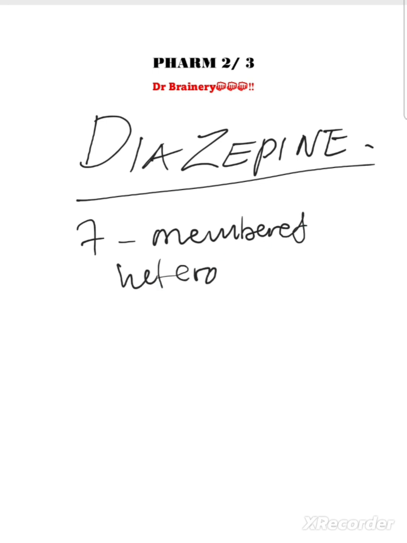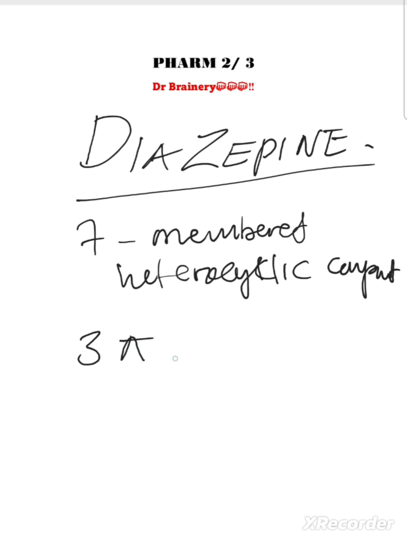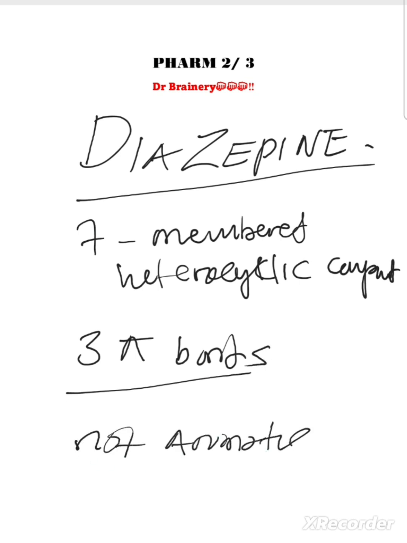Diazepine is a 7-membered heterocyclic compound, and it has 3 pi bonds, but it is not aromatic.